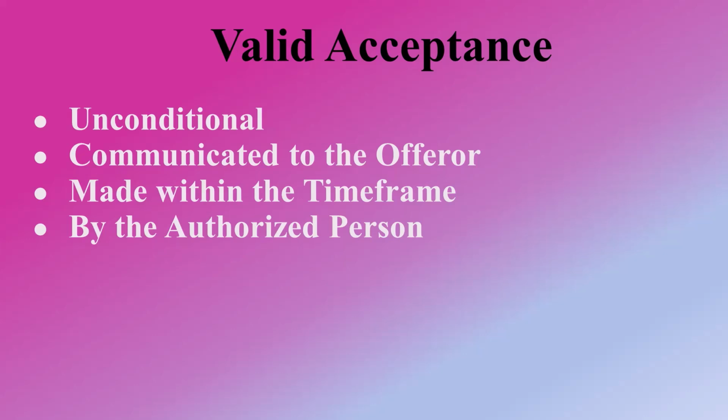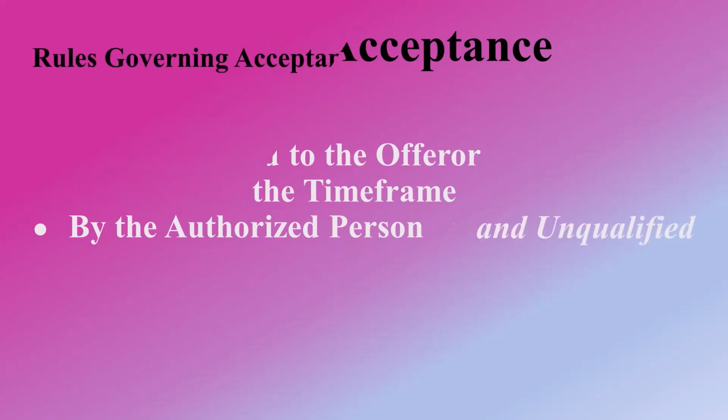And third, it should be made within the time frame. If the offer specifies any time limit, the acceptance must be made within that period. And finally, it should be made by the authorized person. Only the offeree or their authorized agent can accept the offer.